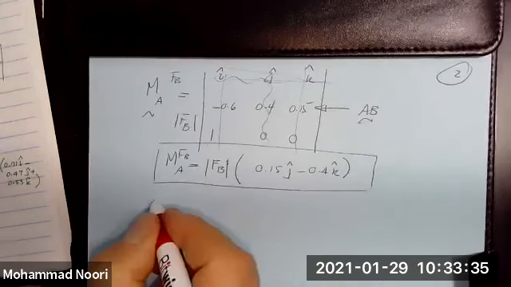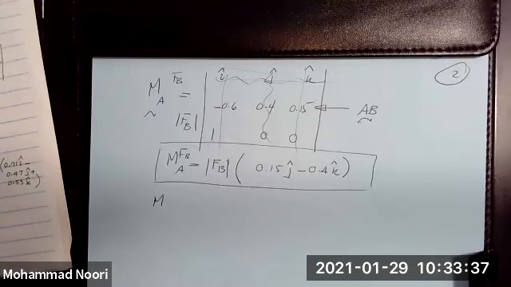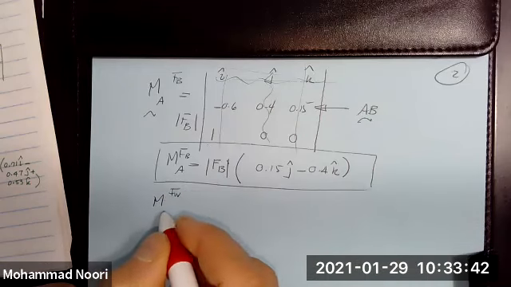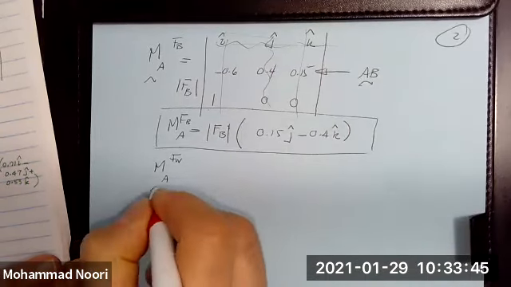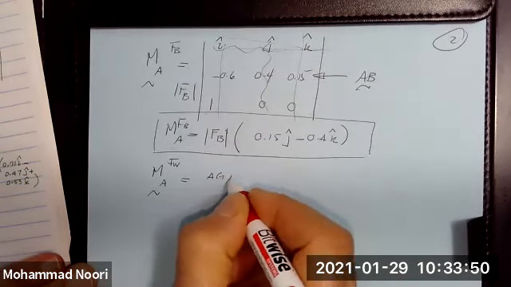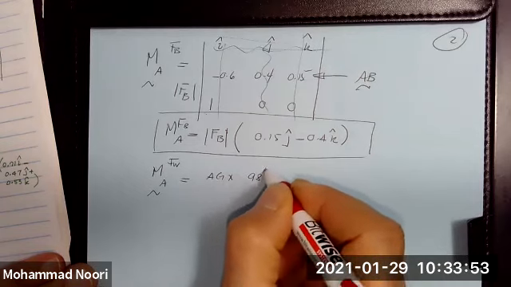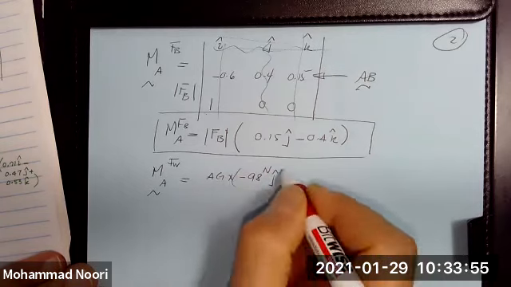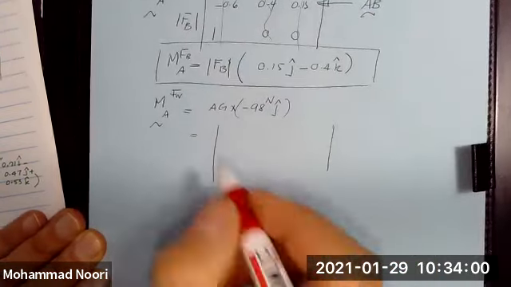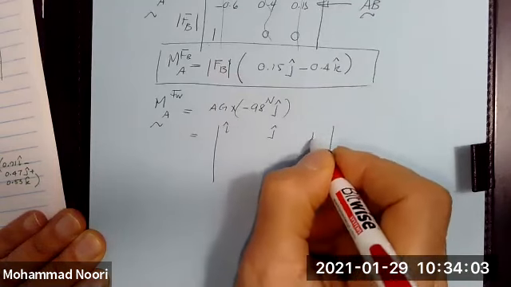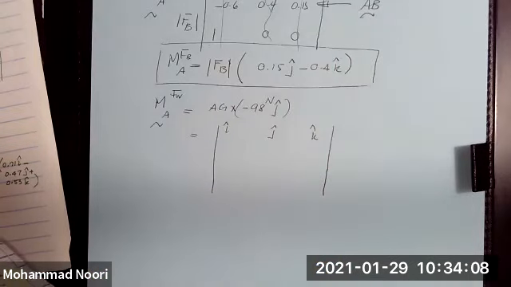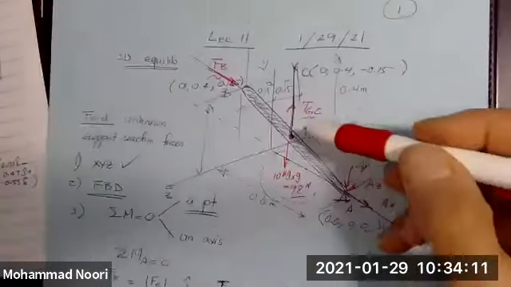So the next one I had was the moment of the force W about A. That is AG cross that 98 Newton in negative J, right? So this would be I, J, K. So what is AG?